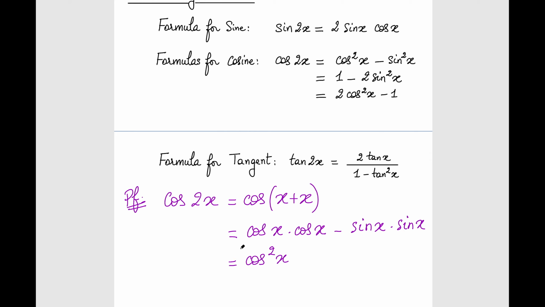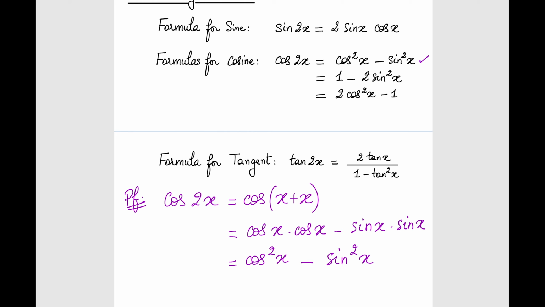Why is it cosine squared? Because it's cosine x times cosine x, and cosine times cosine is the square of cosine, minus sine squared of x. So similarly here, sine times sine of the same angle is the square of the sine of that angle. So what did we show? We showed that cosine of 2x is equal to this, right? So we showed the first one.